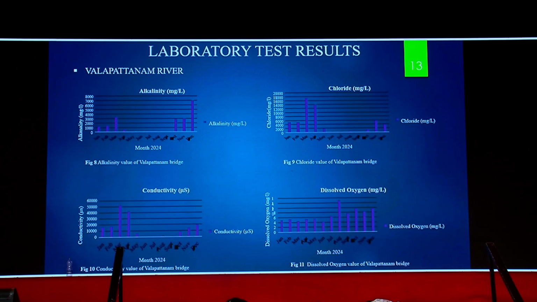For these 3 parameters, the increased level of alkalinity, chloride and conductivity in the post-monsoon season is mainly due to the decreased level of fluoride in the river, and also the accumulation of contaminants from agricultural runoff.